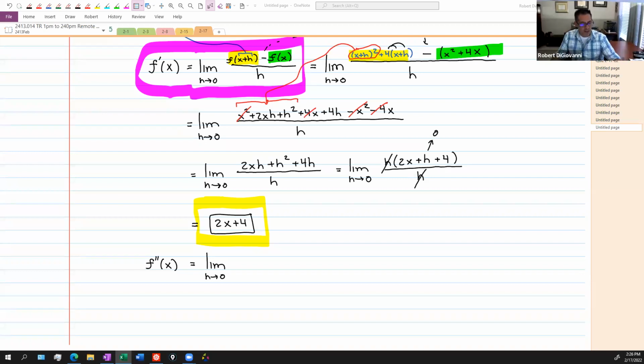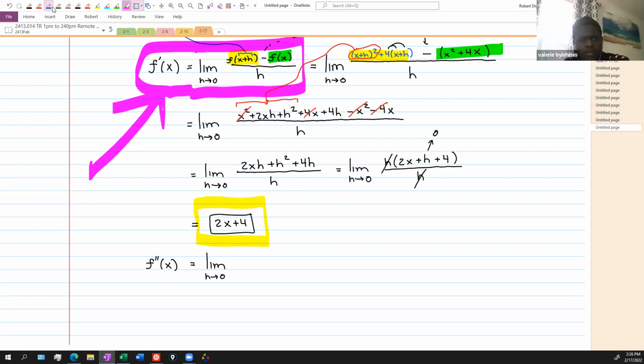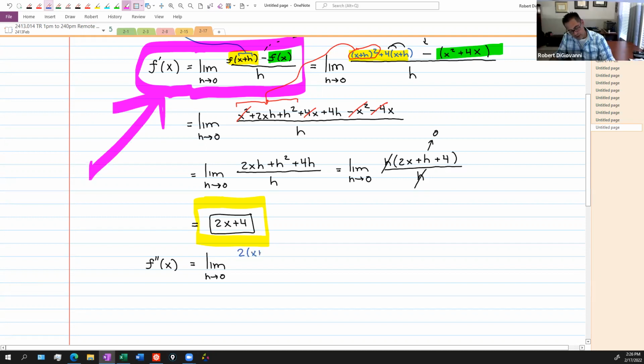Okay, so Valerie, using this formula right up here, what would f of x plus h be for us if this is our new function? It will be 2 times (x plus h) plus 4.